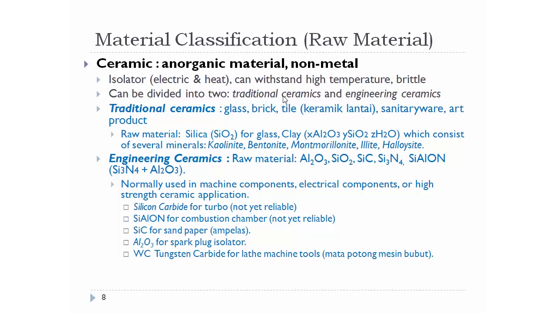Traditional ceramic is normally made of silica, glass, or clay. But engineering ceramic is normally made of silicon carbide, and we normally use it in high strength ceramic applications or high temperature ceramic applications.